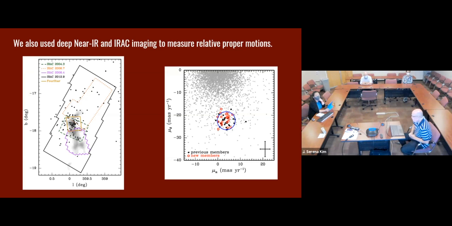But we measured the proper motions, and the black points are ones that were previously known to be in the Cornet cluster. Just to remind you, this is the Cornet cluster. So we're not actually doing any of that distribution of younger stars above the Cornet. It's really focused down just on the Cornet.